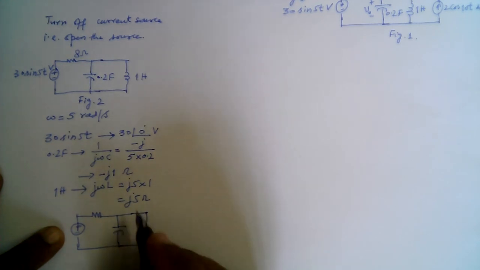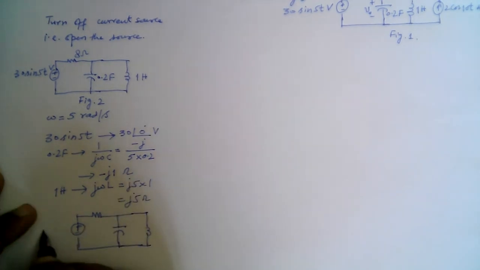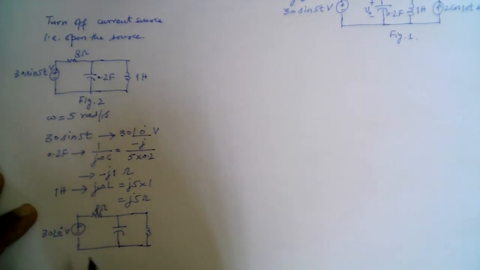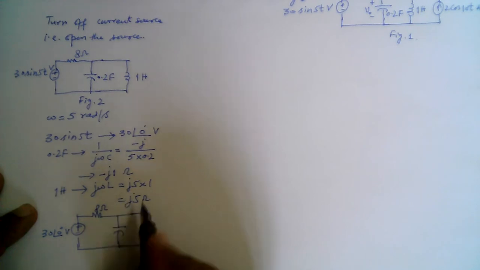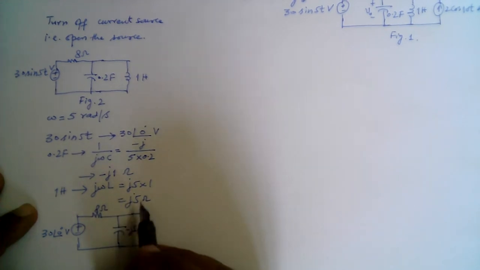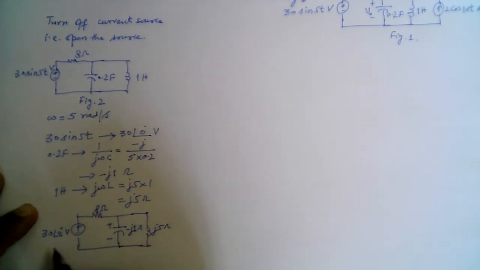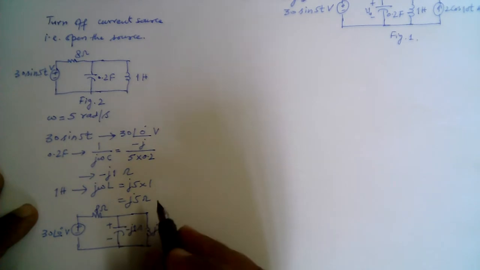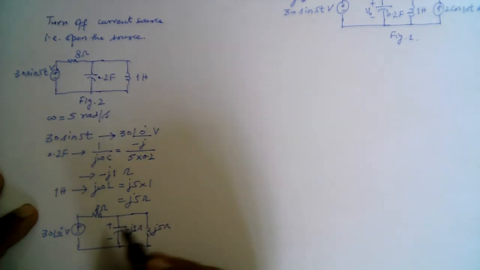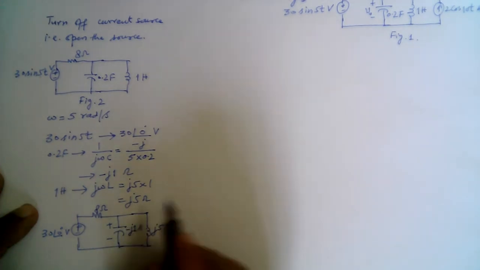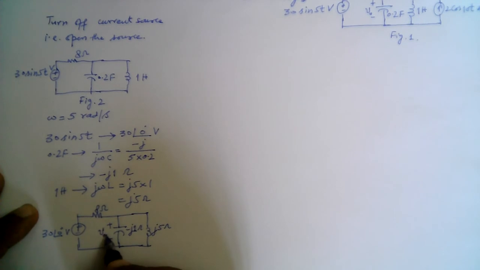So that is 30 angle 0 degrees volts. This is 8 ohm, and here we have minus j1 ohm and j5 ohm, and this is the voltage due to this source alone. This is now not V0, V0 is the total response due to both the sources. Let's call this V01, right? And let's call this Fig 3.